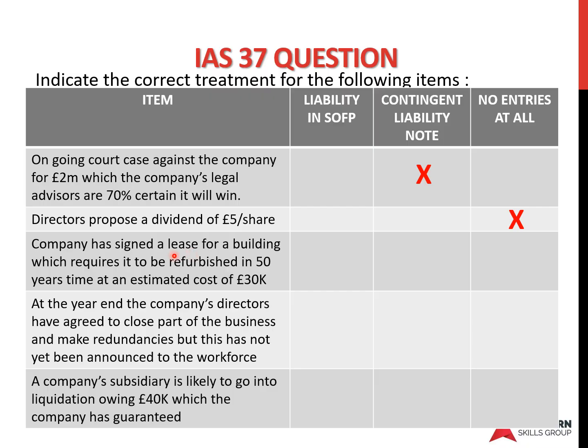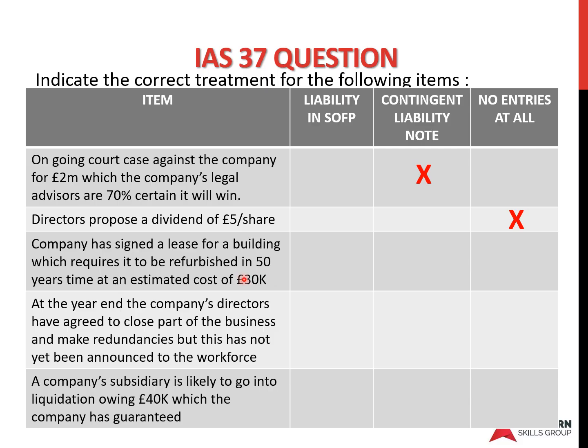So there's a legal obligation. It's the result of a past event, the signing of the lease, and it's absolutely certain that that item is going to have to be incurred at a later date, albeit in 50 years' time. There's no question about the fact that it's going to have to be incurred.